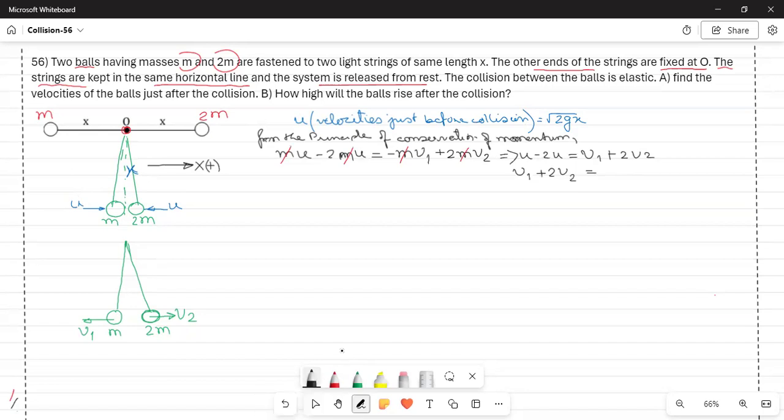Sorry, this v1 was negative, I am very sorry. So this equation will be a little different. If we take v1 on the left hand side, v1 minus 2v2 is equal to u. Say this is relation 1.